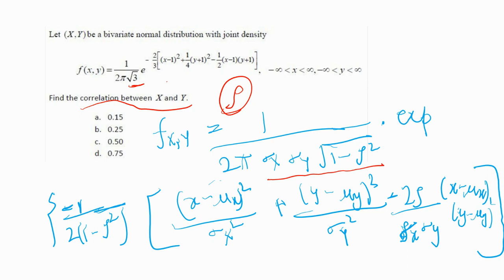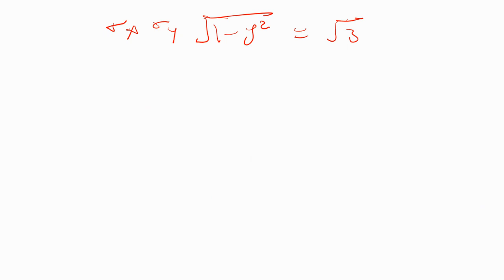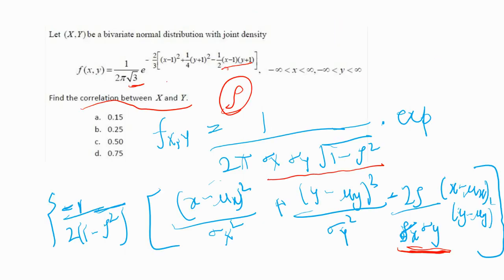Now we can compare the other expressions as well. Here it is given x minus 1, y plus 1. So mu x will most probably be 1, and this one will be minus 1. Now look at the coefficient of x minus mu x and y minus mu y, which is minus 2 by 3 into minus half.